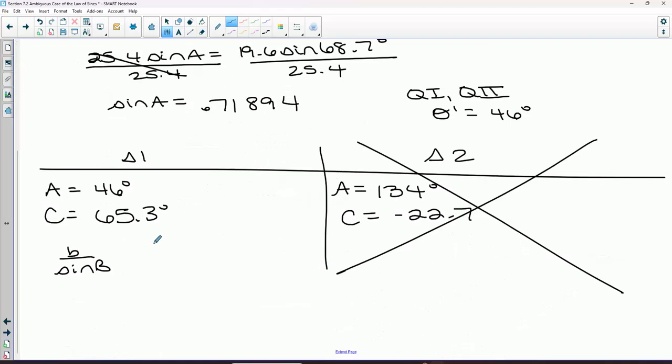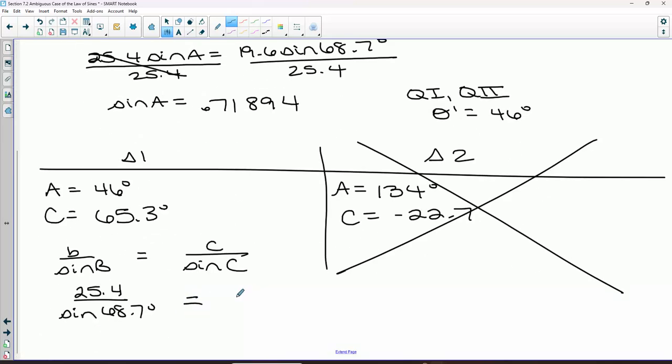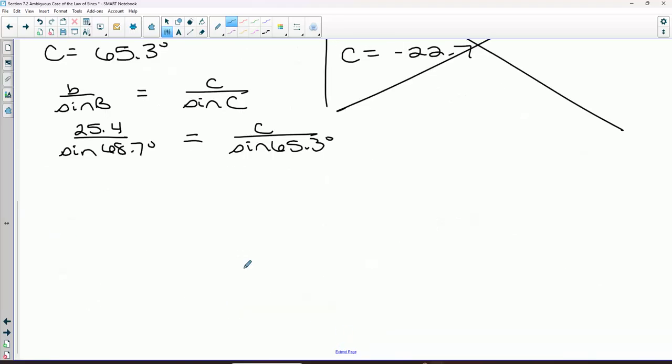Yeah, side C. Okay, so side B, so 25.4, over the sine of angle B, 68, equals, we don't know side C, over sine 65.3 degrees. And I get that side C is 24.8 inches.